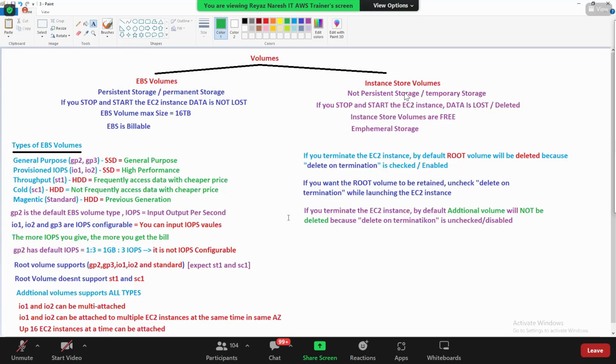You have bigger machines also. If you keep going for the bigger machines, T2 xlarge or T3 xlarge, R3, some big machine, AWS will give these instance store volumes. How much ever he feels he wants to give, he will give.